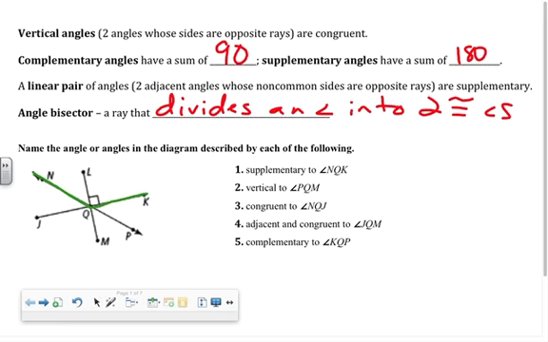That's this angle right here, and asking yourself what angle I would have to add to that to get a linear pair. Be careful. Remember that when you name an angle, the middle letter has to be the vertex of the angle. So PQK would be one possible correct answer.